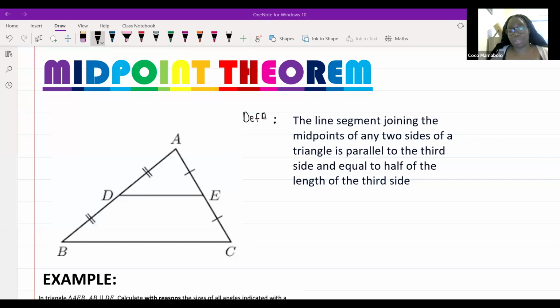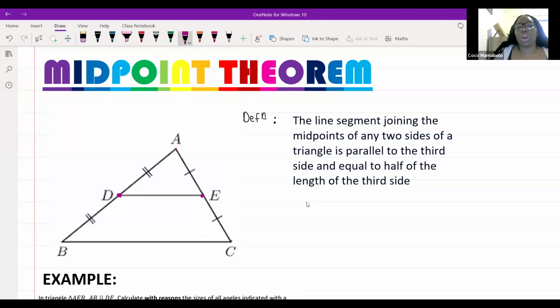So what this actually means is if I have a triangle ABC and I go to side AB and I find the midpoint of side AB, and then I go to side AC and I find the midpoint of that side.